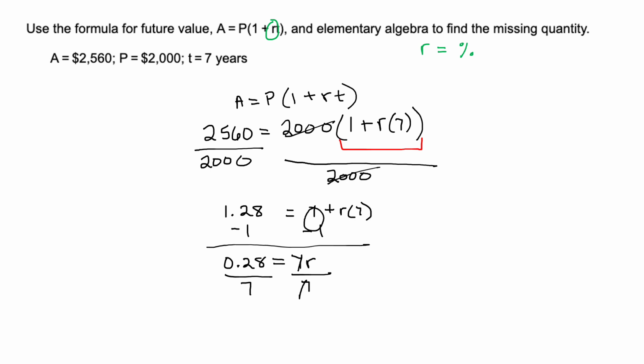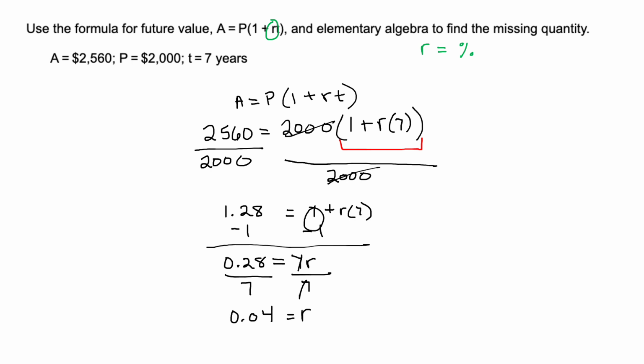That leaves me with the R by itself. And then 0.28 divided by 7 gives me 0.04. This is the decimal value of R. But we want to find the percentage.